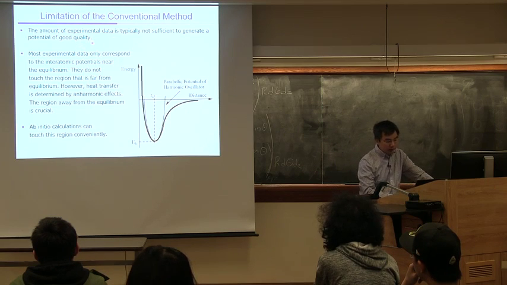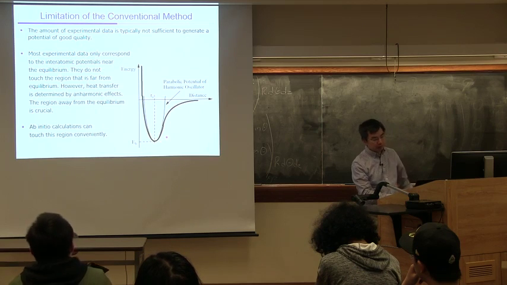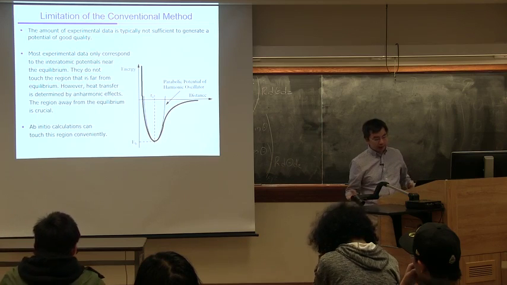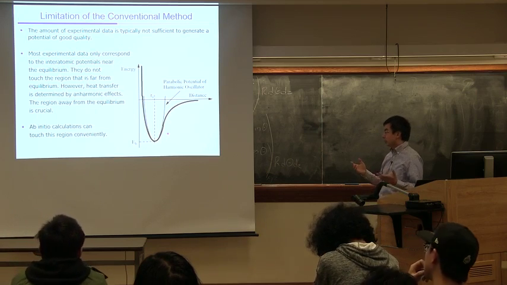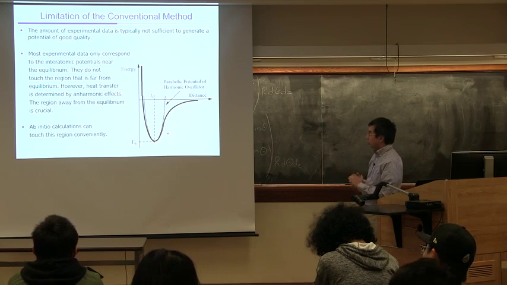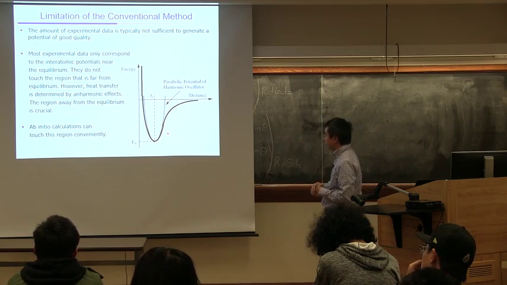And more seriously, those experimental data only correspond to the interatomic potential near the equilibrium, right? They do not usually touch the region that is far from the equilibrium. Okay, again, a lattice constant, usually you measure at the equilibrium, right? Those elasticity constants are probably near the equilibrium, right?